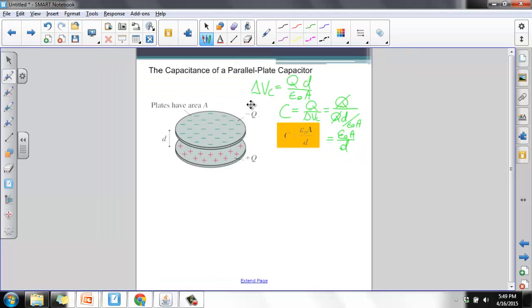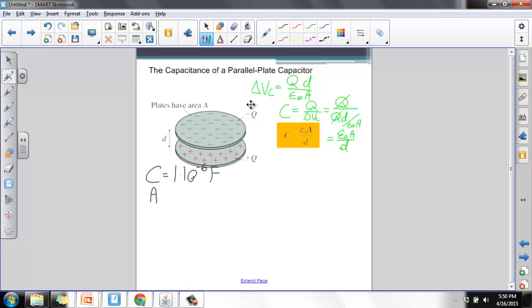Let's do an example. Let's suppose you wanted a capacitance of 1 times 10 to the minus 6 farads. So that is a moderately large capacitance, a microfarad. At least in an electronic circuit, that would be a moderately large capacitance.